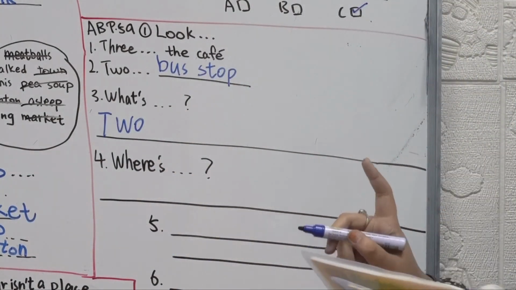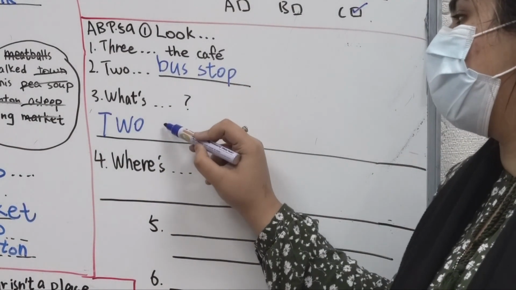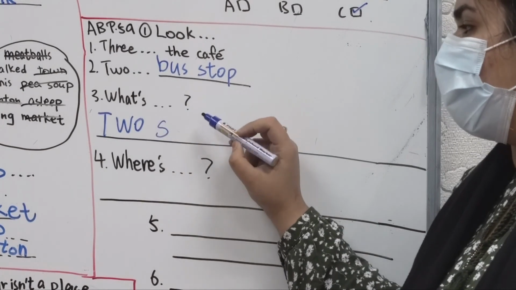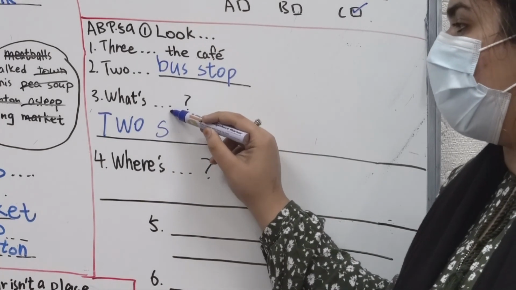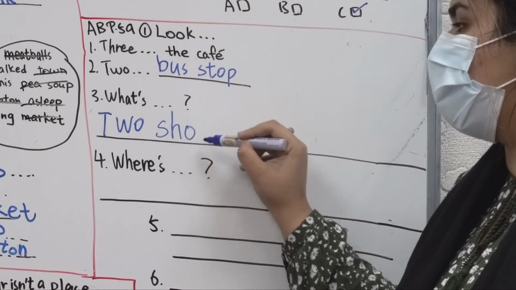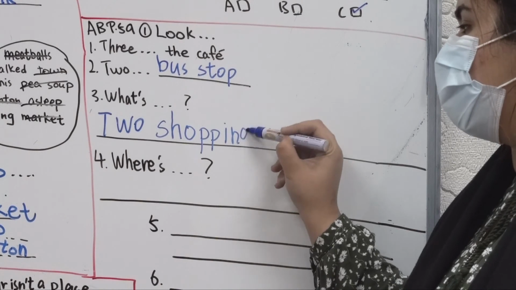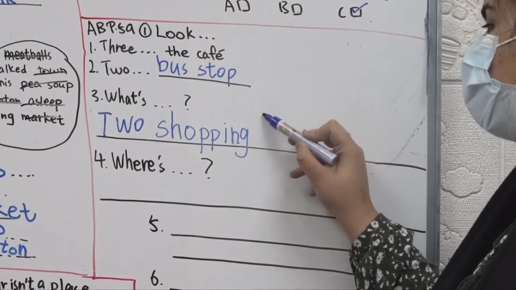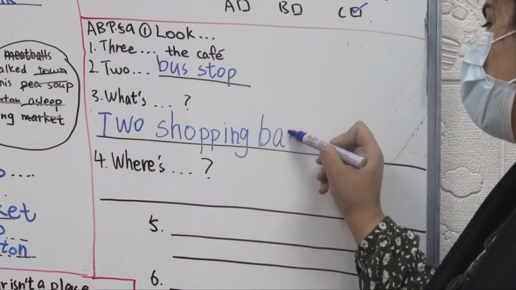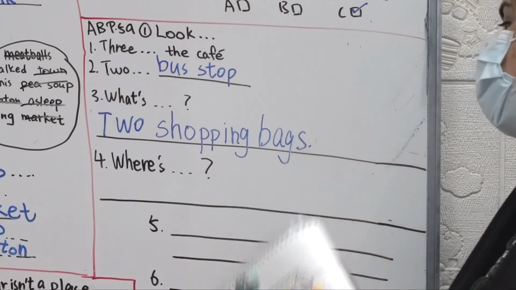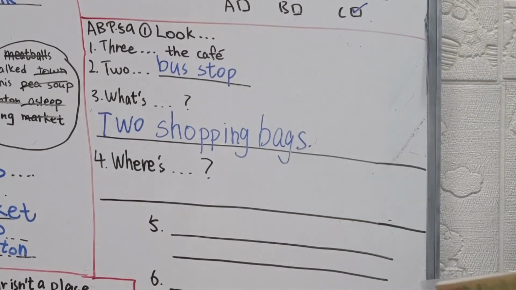So you can just write the main point. 2 shopping bags, right? How to spell shopping? S-H-O-P-P-I-N-G. Alright, and bags? B-A-G-S. Okay? 2 shopping bags.